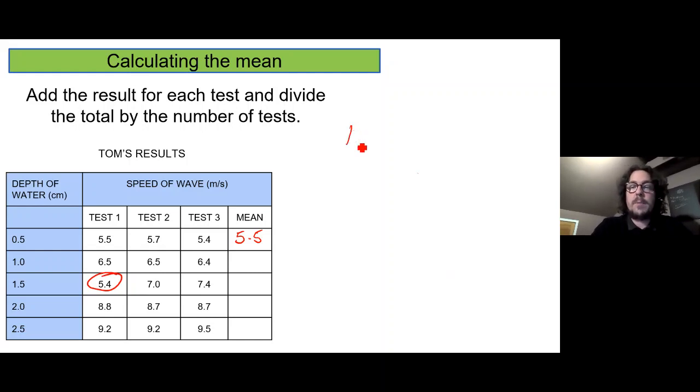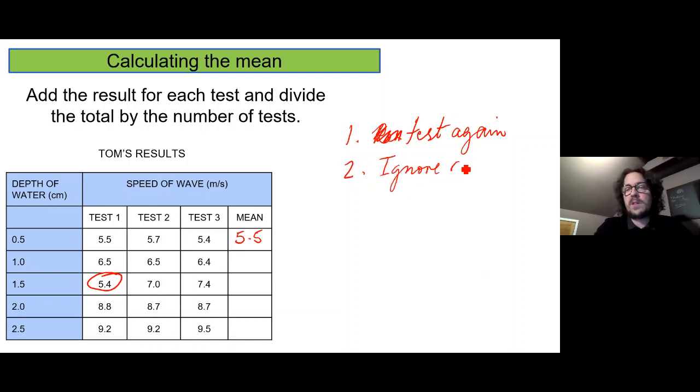Number 1 is to retest, so test again. We could run test number 1 again and get another result to replace that. Or option 2, which is more likely really, we ignore the result when we calculate our mean.